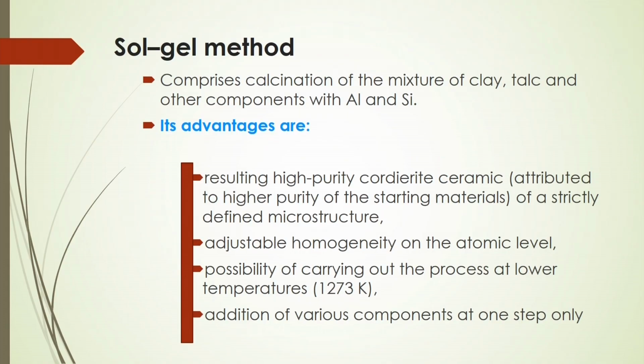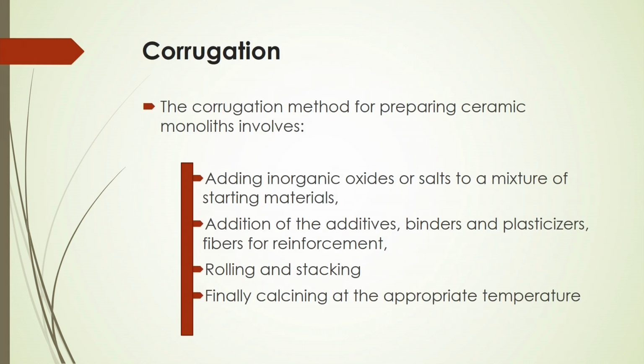And also in this method it is possible to carry out the process at lower temperatures, at 1273 Kelvin also. And in this case addition of various components in one step is feasible. That is why this method is very advantageous compared to the other method.